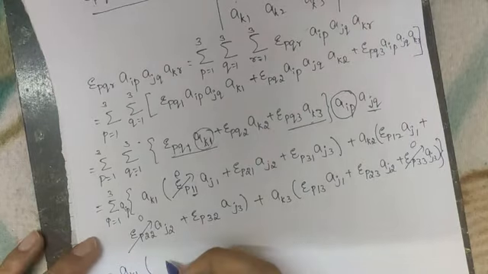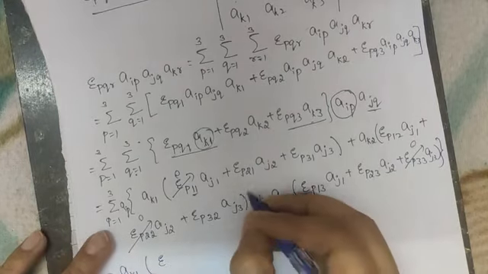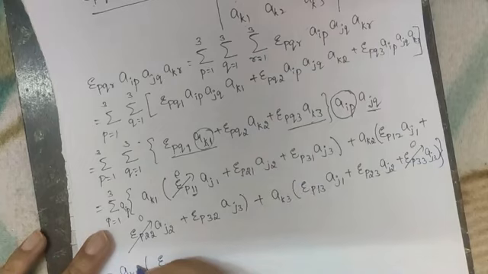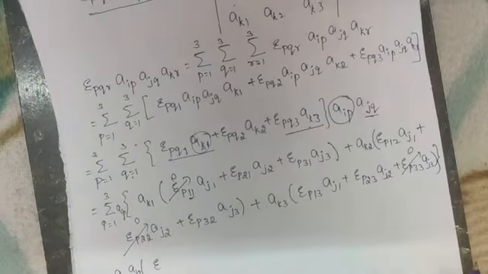Right? So ak1 into aj2 as it is, into epsilon.